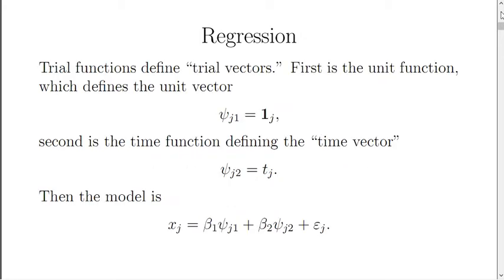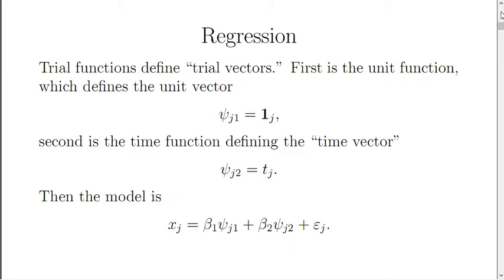Now those two trial functions define two trial vectors by taking their values at the times of observation. First is the unit function, which defines the unit vector, psi sub j1, which is the unit vector subscript j. It's just the value 1 everywhere. Second is the time function, which defines the time vector, which is just the set of observation times.